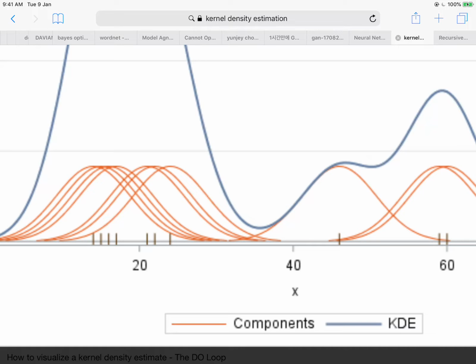Okay, similar to Gaussian mixture model, yeah, we will use multiple of these Gaussian components, but for each Gaussian component, we'll have the mean, which is the same as our data point value, and across all the Gaussian components, they share the same variance or standard deviation value.